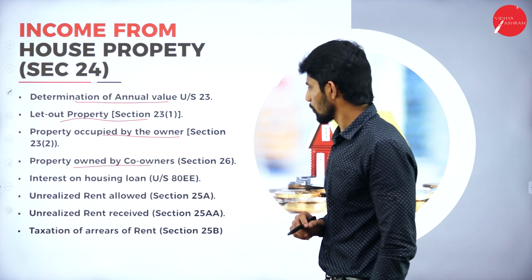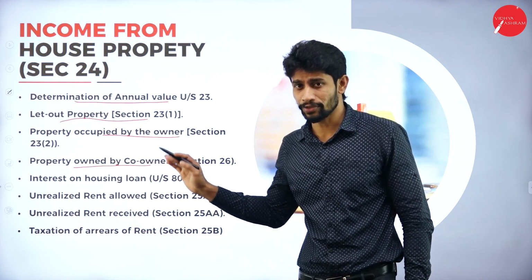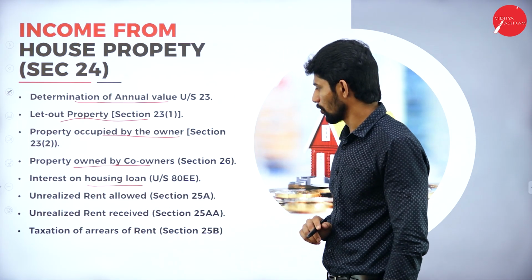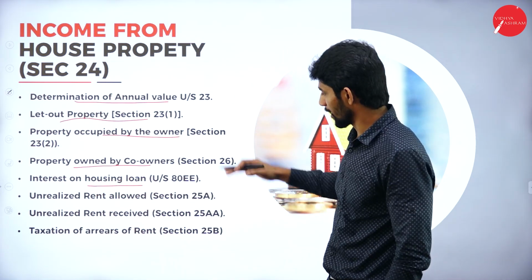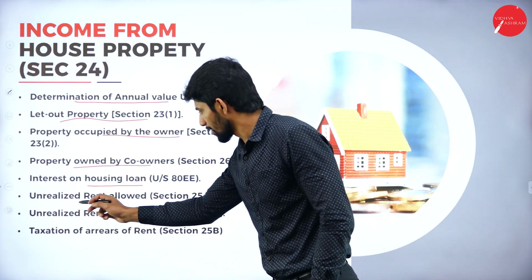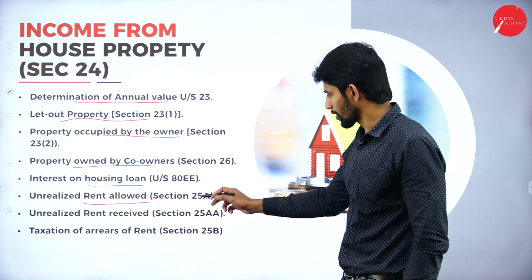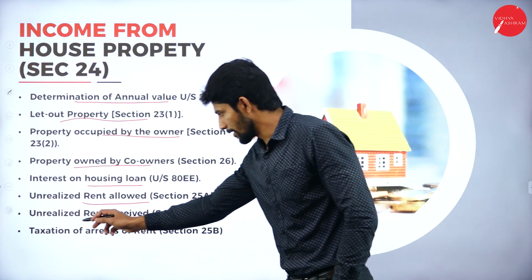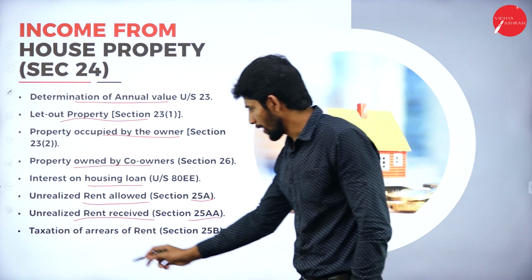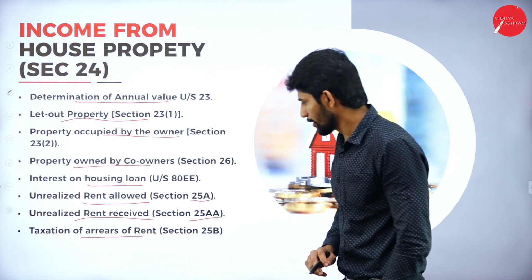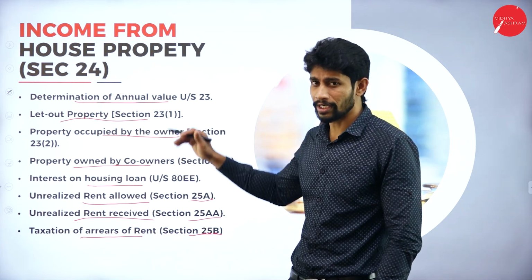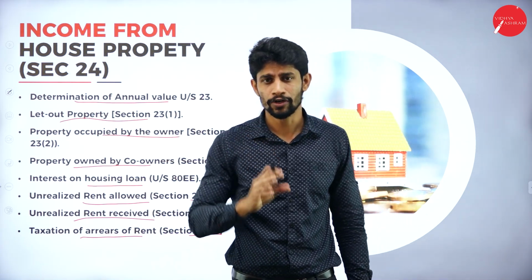Property owned by co-owners comes under section 26. Interest on housing loan is a deduction which comes under section 80EE. Unrealized rent allowed comes under section 25A, unrealized rent received section 25AA, and taxation of arrears of rent section 25B. So these are the different sections which deal with house property.